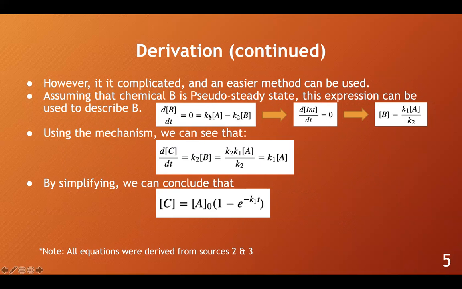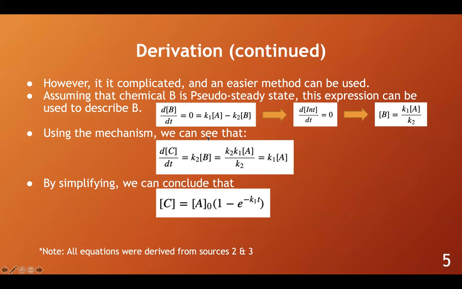And it's also equal to K1 multiplied by the concentration of the reactants minus K2 multiplied by the concentration of the intermediate. So these are just the equations to show this idea.